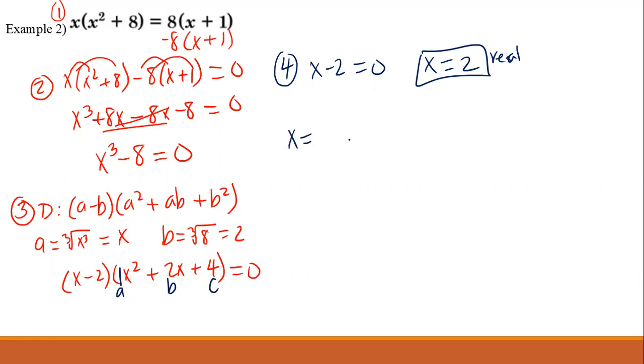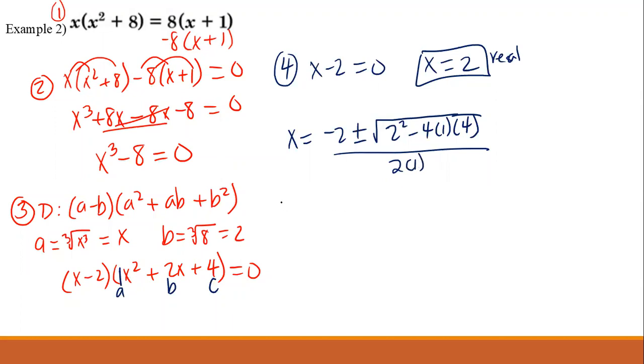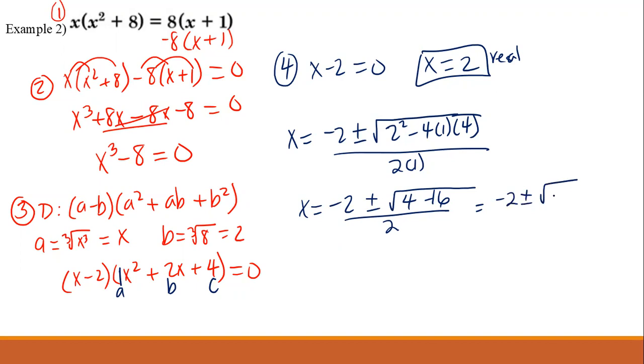So we have x equals negative b plus or minus the square root of b squared minus 4ac divided by 2a. So that gives me x equals negative 2 plus or minus the square root of 4 minus 16 divided by 2, which equals negative 2 plus or minus the square root of negative 12 divided by 2.